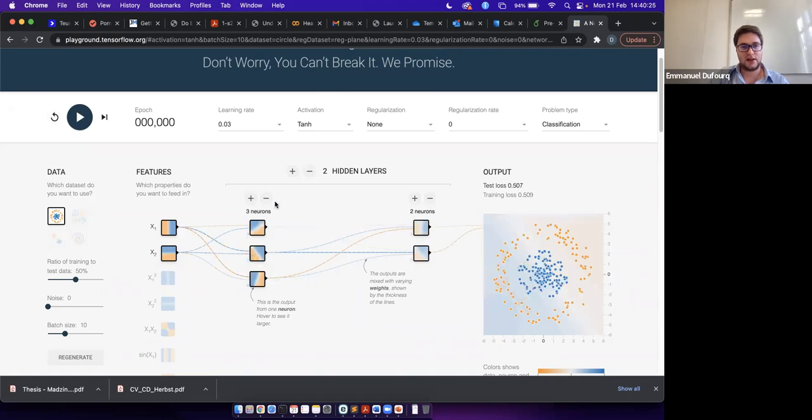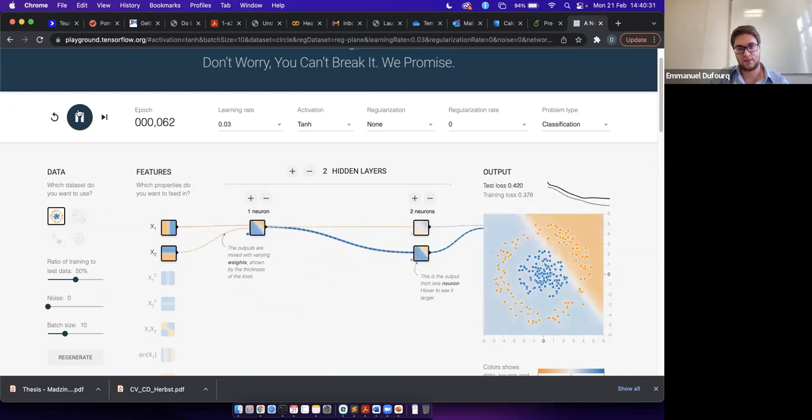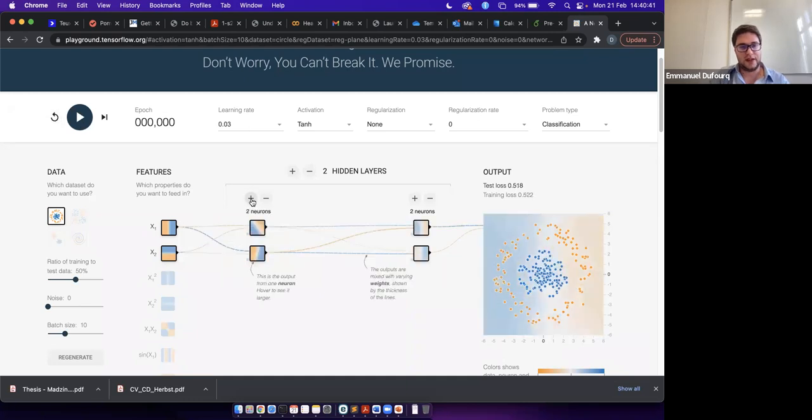Let's say instead, if I only had one neuron in the hidden layer. Now, I'm not able to separate the data as well. Let's add 2 neurons, but maybe we only use a ReLU function.